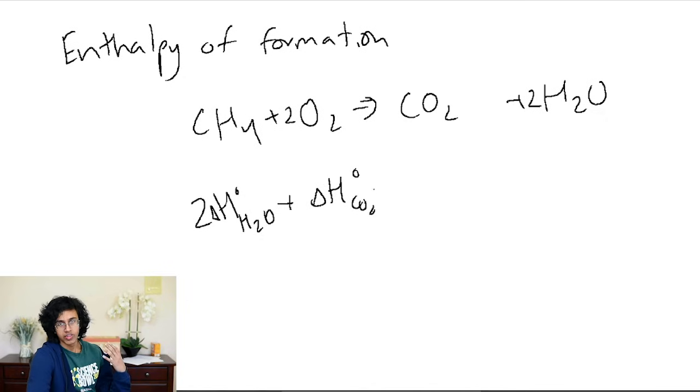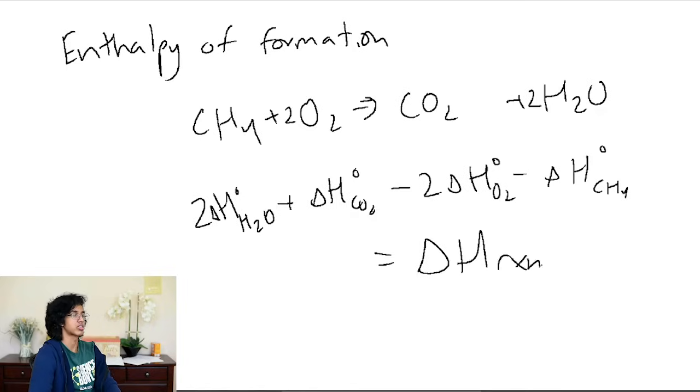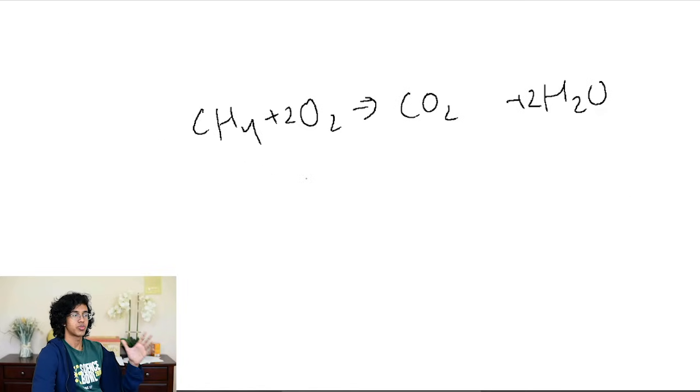After we've added in the products, we have to subtract the reactants: minus 2 times delta H of O2, because it has a 2 over here, and then minus CH4. Usually they'll give you all these numbers, and then this is just equal to the delta H of the reaction overall. Nice!